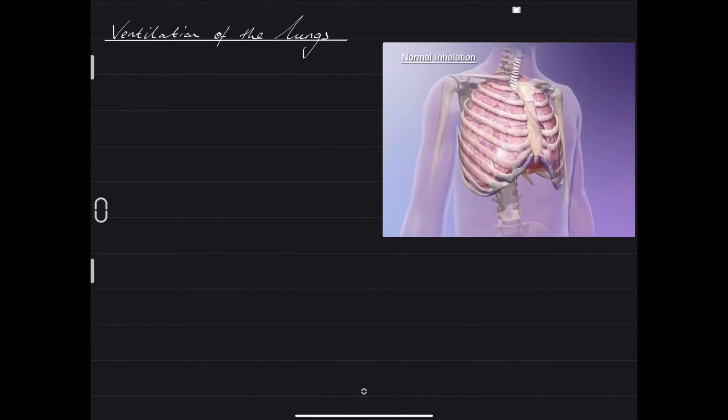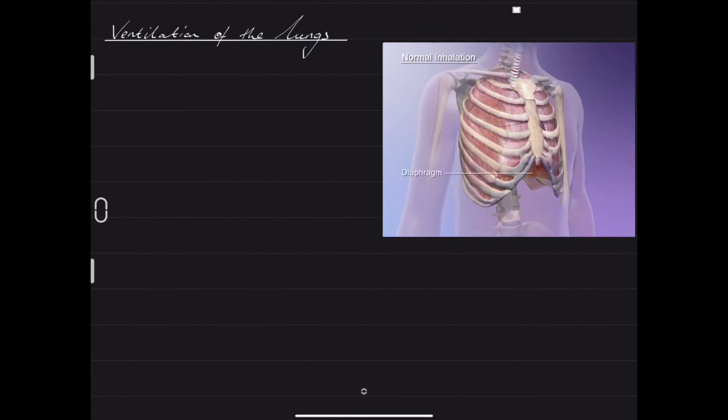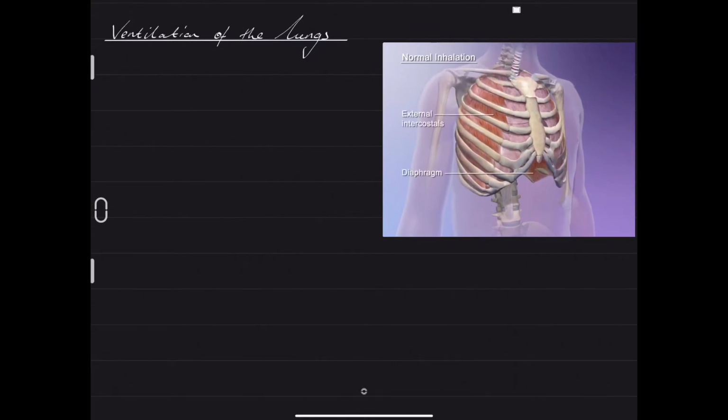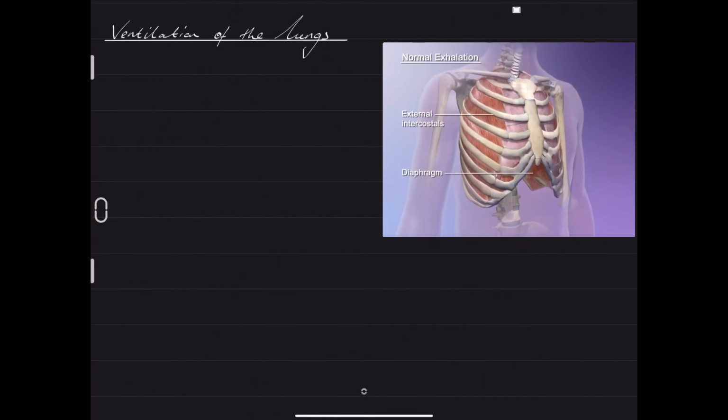So the lungs are required to move air in and out of the body. And as we've looked at just a few moments ago, we need to maintain a steep concentration gradient. Now, the lungs are found in the thorax, the chest.